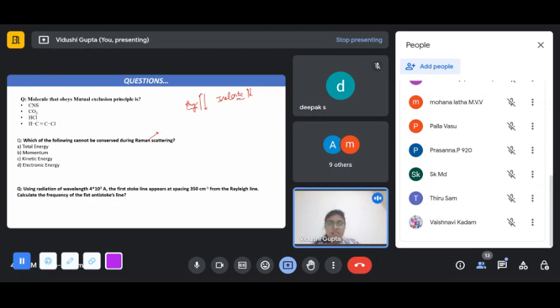So the next question is using radiation of wavelength 4 into 10 raised to the 3 Angstrom, the first Stokes line appears at a spacing of 350 centimeter inverse from the Rayleigh line. Calculate the frequency of the first anti-Stokes line. So what will be the answer?